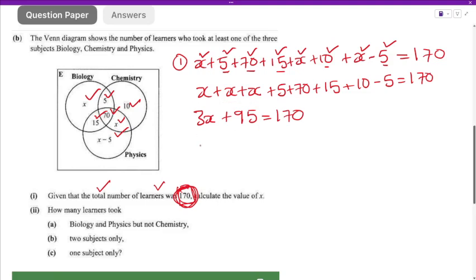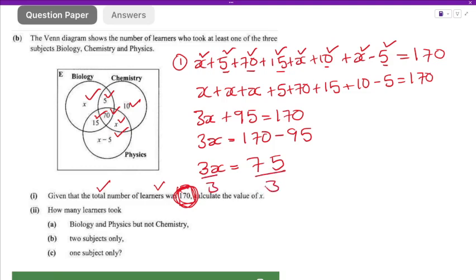So at this point, I'll now move the 95 to the right. 3x is equal to 170 minus 95, which gives me 75. I know 3 can exactly go into 75, so these values were strategically placed. 75 divided by 3 gives me 25. So the value of x here is 25.